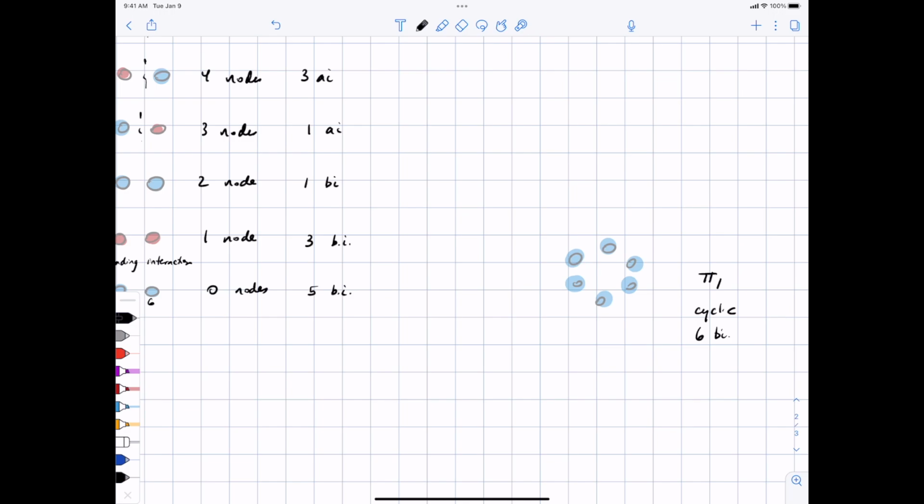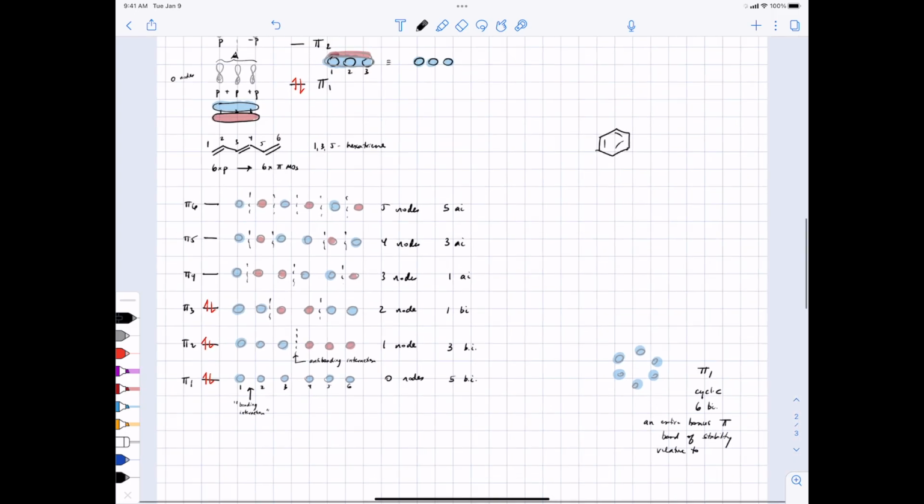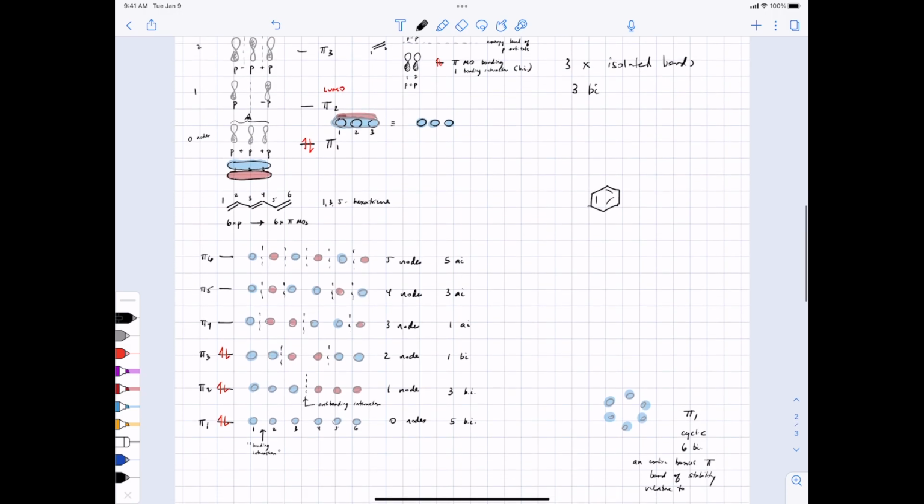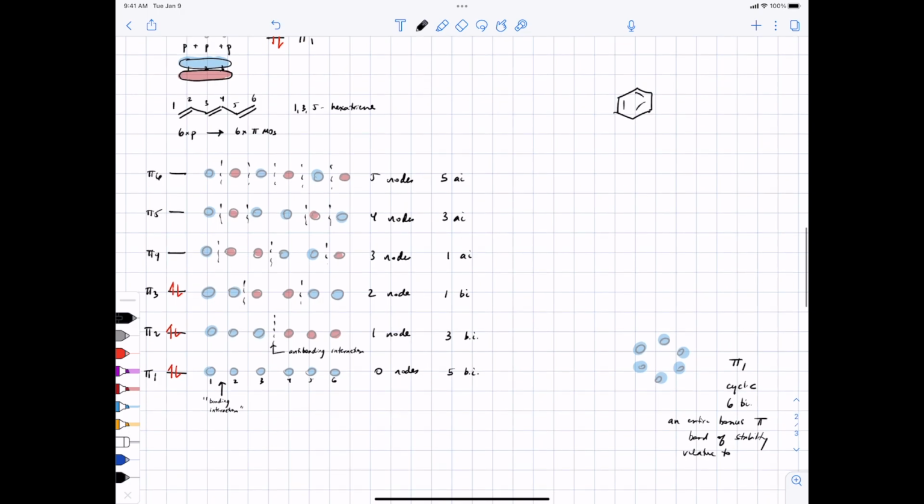So that's almost an entire bonus pi bond of stability, that's 1 bonding interaction of stability relative to 1,3,5-hexatriene by making it cyclic.